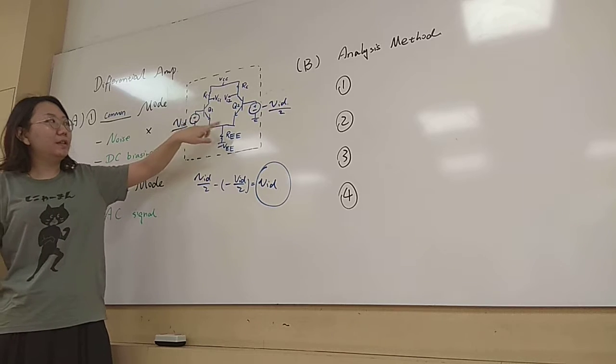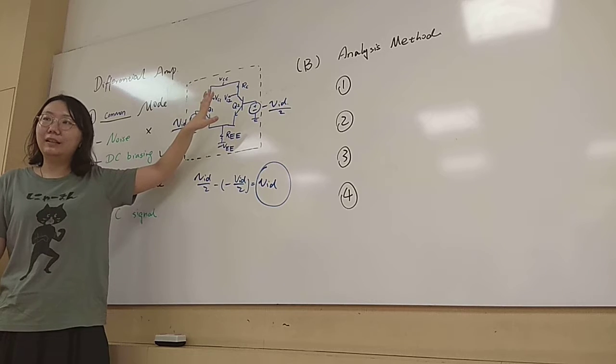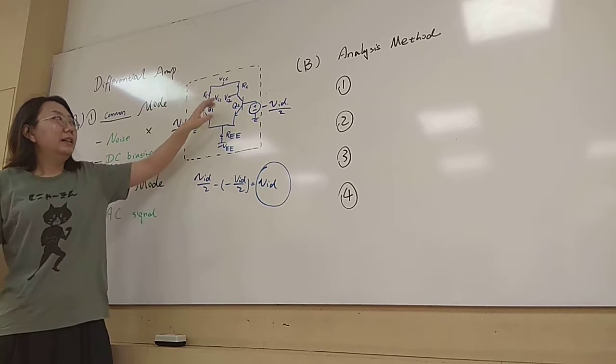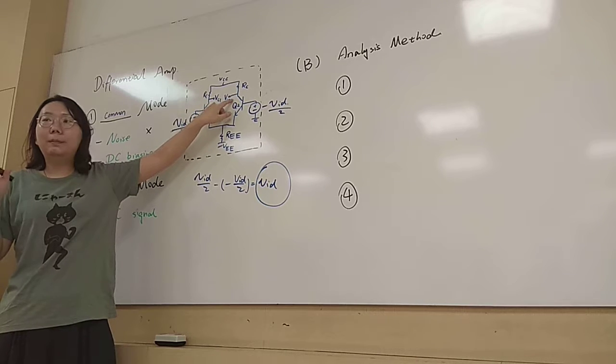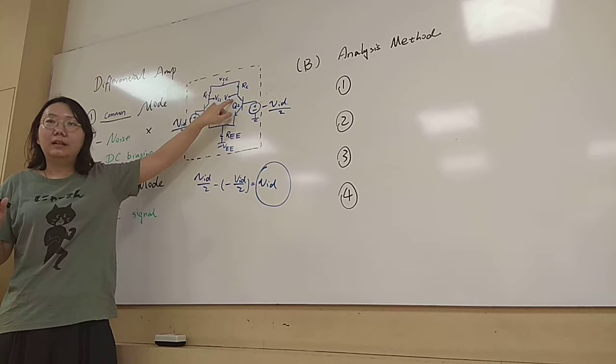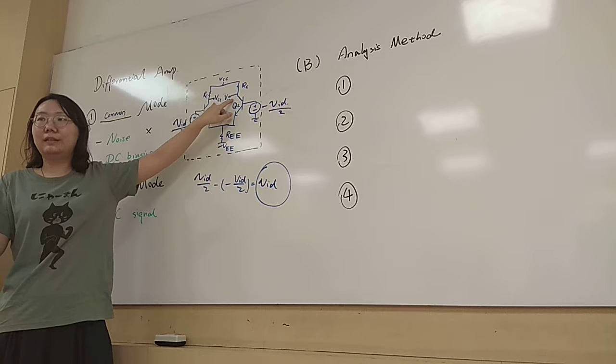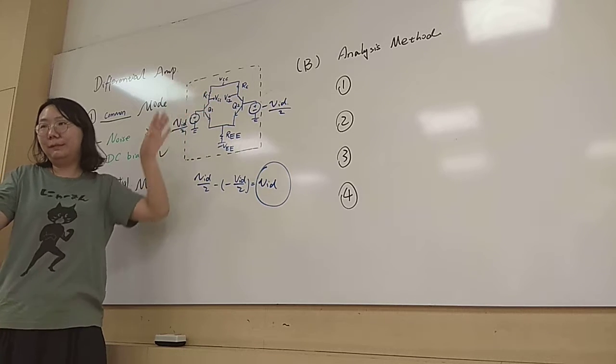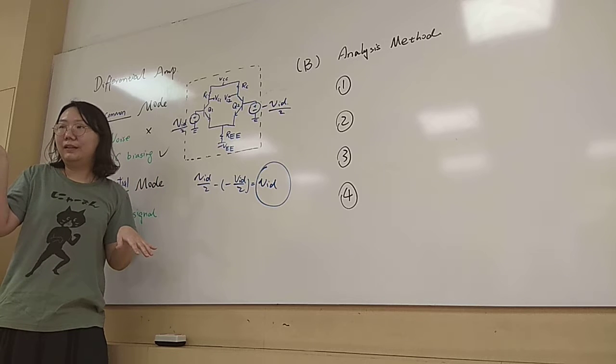After your common mode signal passes through this circuit and is amplified, it will appear at the two outputs together with your useful AC signal. But the gain after passing through this amplifier is different from that of your differential signal.